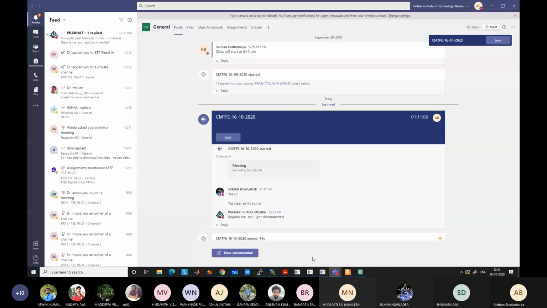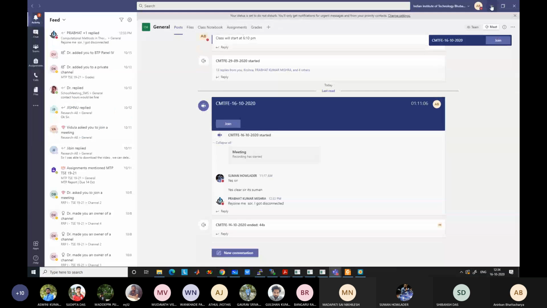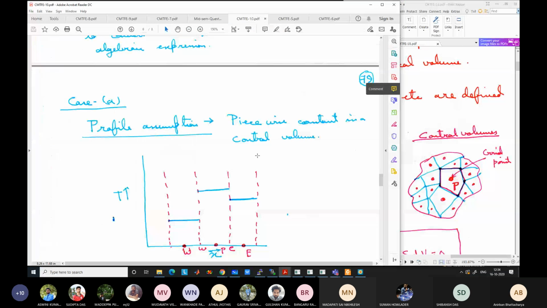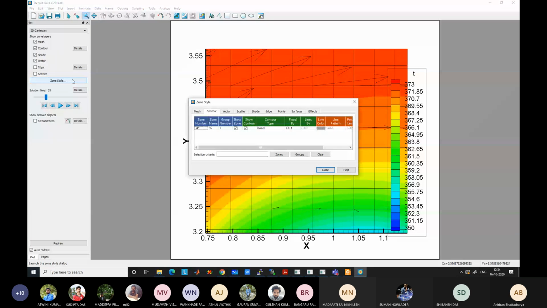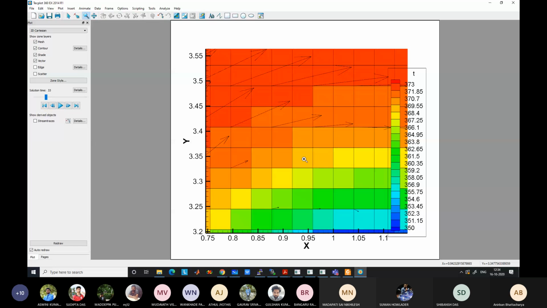Let us assume the simplest case, like what I was saying when I was showing this domain: each control volume is represented by a single value at its grid point. Each control volume has a constant value equal to the grid point value.